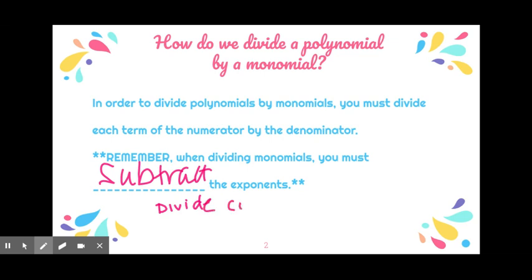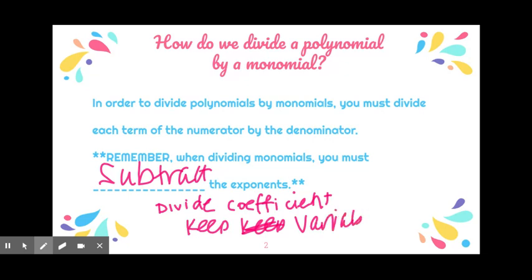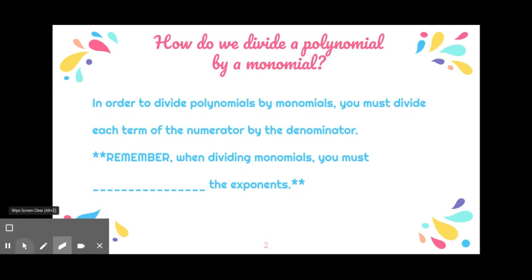Divide coefficients. And we also keep the variables, okay? So one thing we also talked about past lesson on dividing monomials. Keep the variables. All right. So pause the video, make sure you get that down.